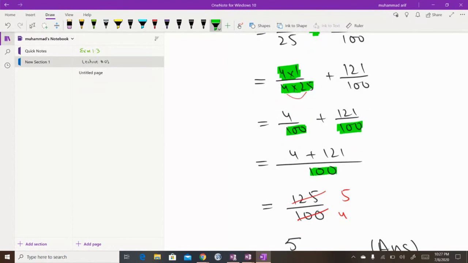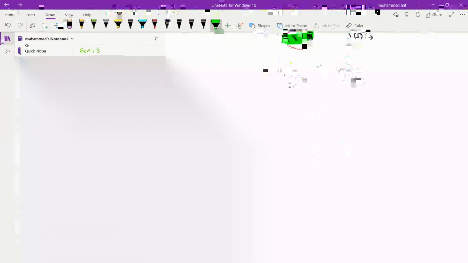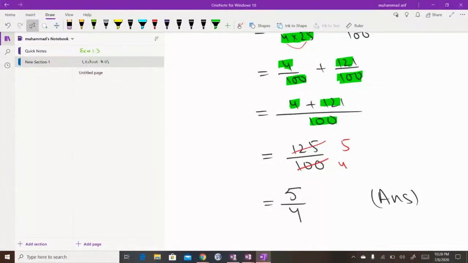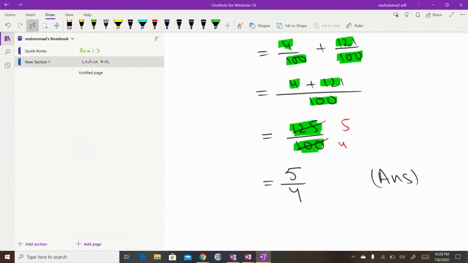Now we write the denominator one time and we write 4 plus 121. When we add 4 with 121, we get 125 over 100. After cancellation on the table of 25, as we know that 25 multiplied by 4 becomes 100, we get 5 over 4, which is our required answer. Okay, is there any problem?